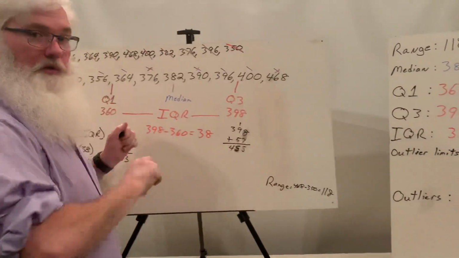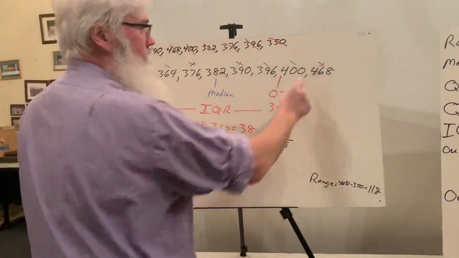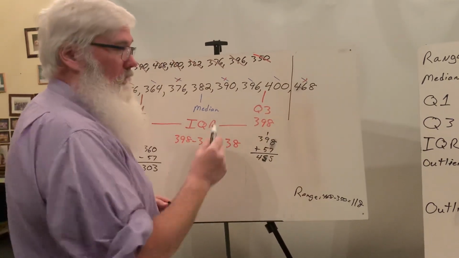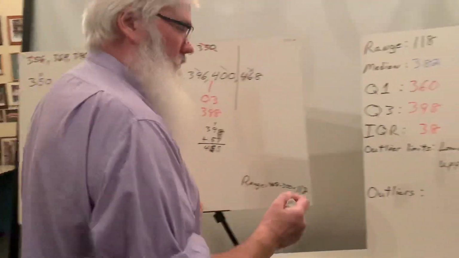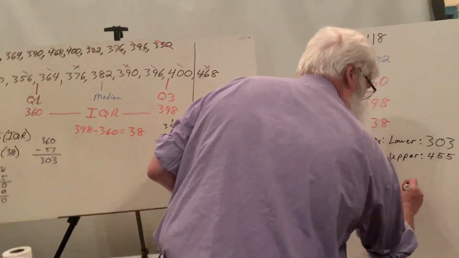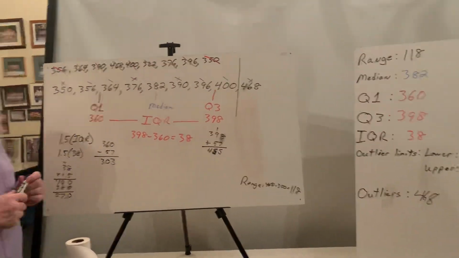Do we have any numbers in our data set that are greater than 455? Yes, we do. Our outlier is 468. And that finishes off our problem.